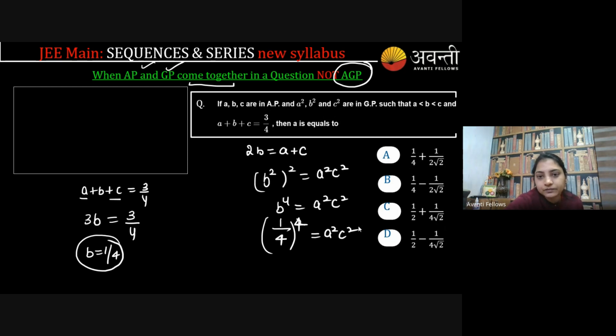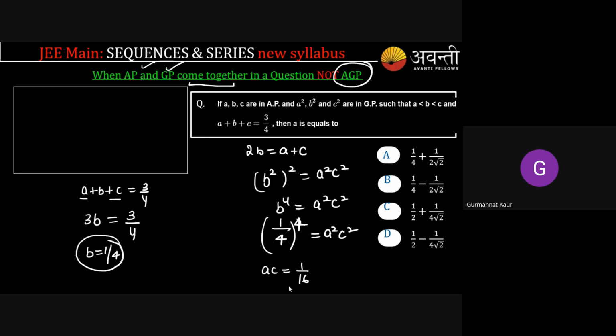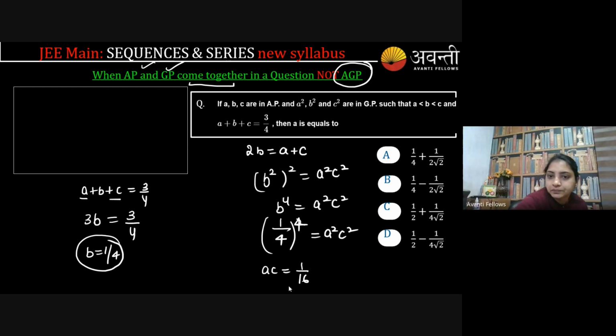It means AC is equals to 1 upon 16. So I need to calculate C. How can I calculate? So what approach should be used to solve this part?